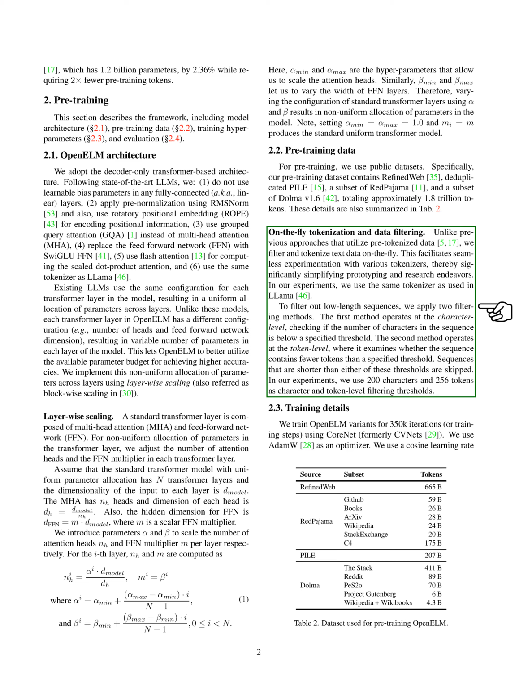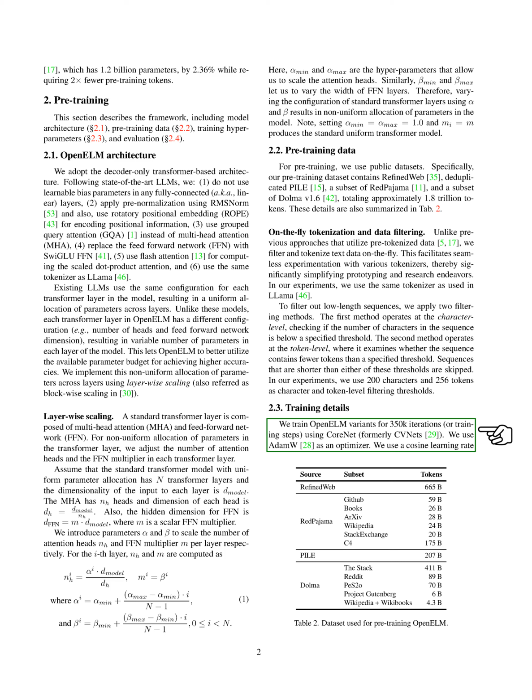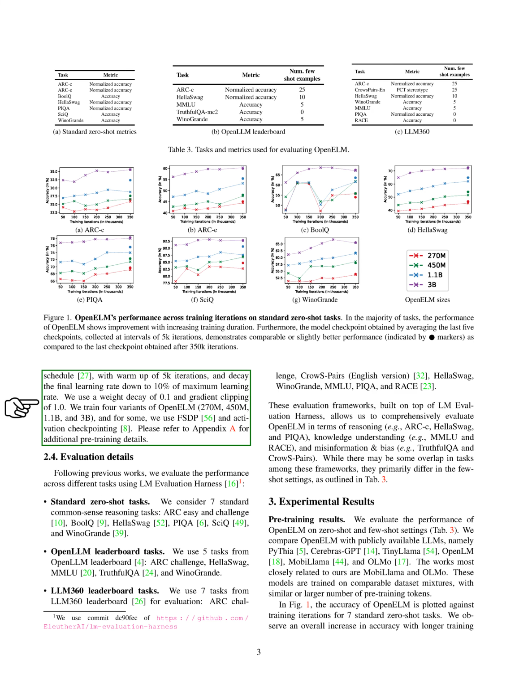Section: Training Details. In this section, we trained different versions of OpenELM for 350,000 iterations using CoreNet, formerly CVNets, and the AdamW optimizer. We employed a cosine learning rate schedule with a warm-up of 5,000 iterations and decreased the final learning rate to 10% of the maximum rate.